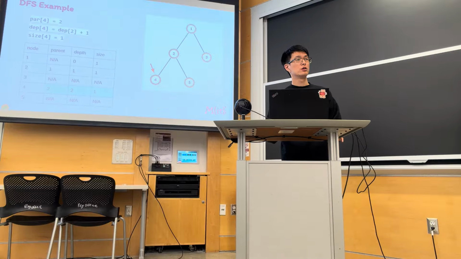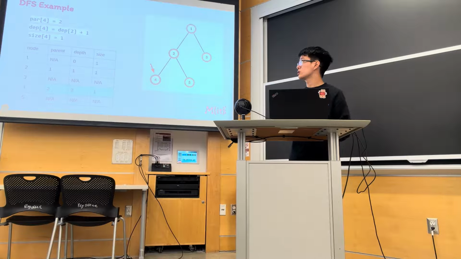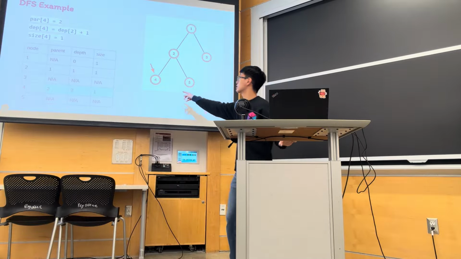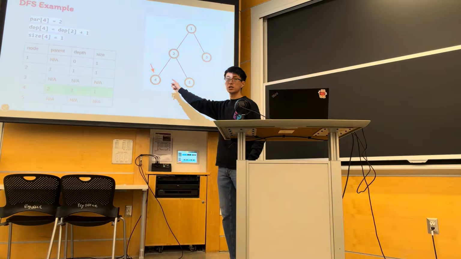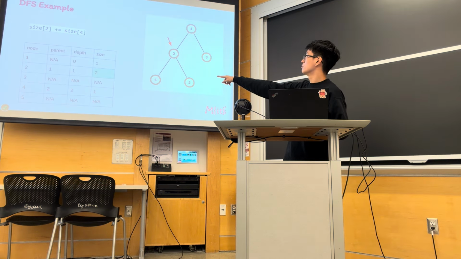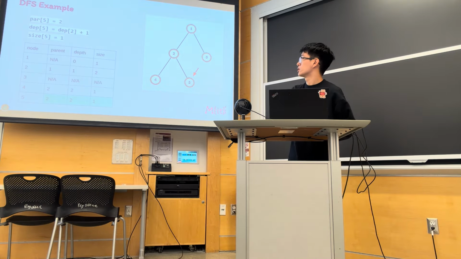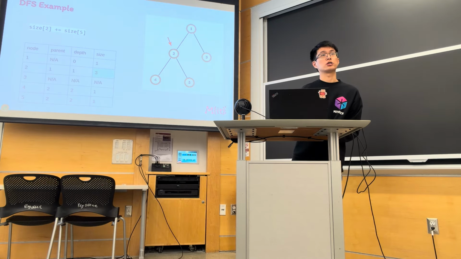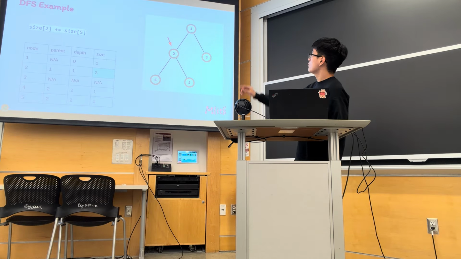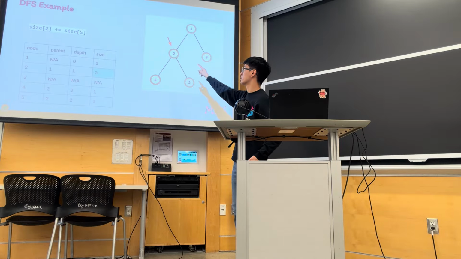Then, when we go back to node 2, we want to increase its subtree size by however big the subtree size of this node is, since this node is included in the subtree. So we'll add 1 there. Then, similarly, we'll go to this node and increment our subtree size again. Then, when we go back to node 1, we want to update the subtree size of node 1 so that it reflects all of the nodes in here.